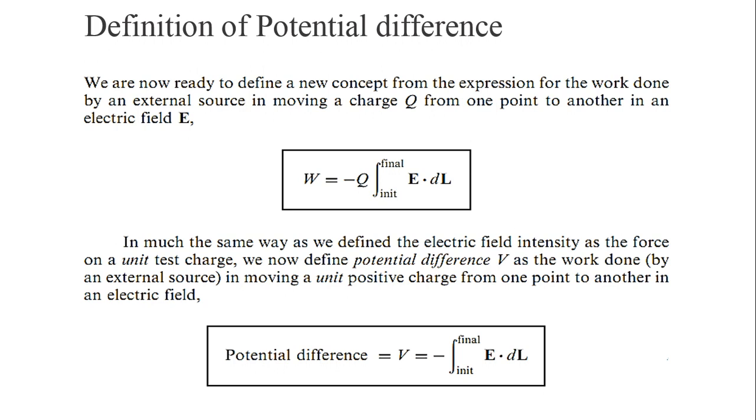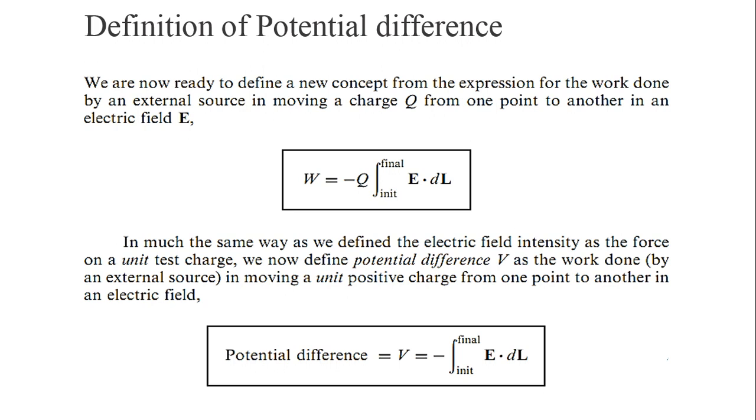We have already defined the electric field intensity as the force on a unit test charge. Now how can we define the potential difference? The potential difference is actually the work done by an external source in moving a unit positive charge from one point to another point in an electric field. So actually potential difference is the work done per unit positive charge.